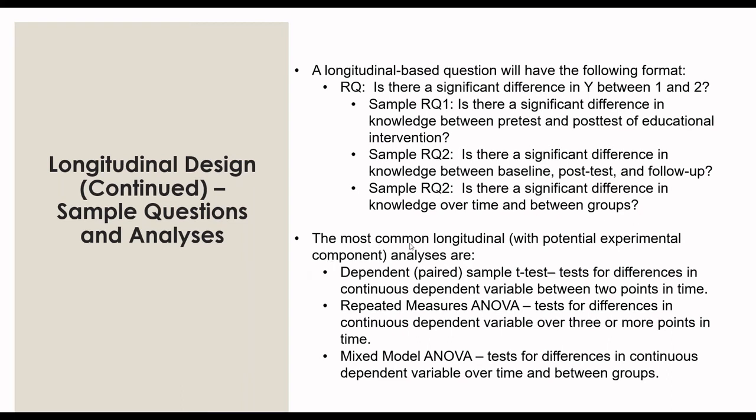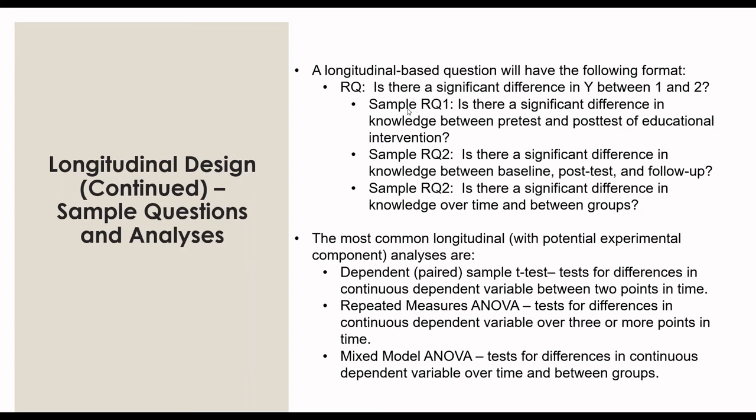The most common longitudinal analyses with a potential experimental component are, first, a dependent or paired sample t-test. I've seen it called both ways, dependent sample t-test or a paired sample t-test. That would connect with the first sample question here.